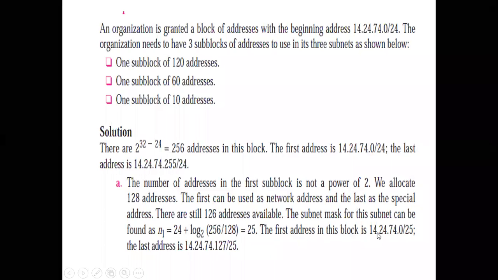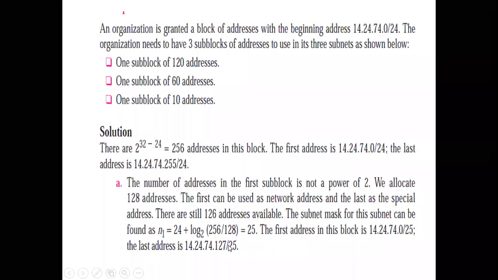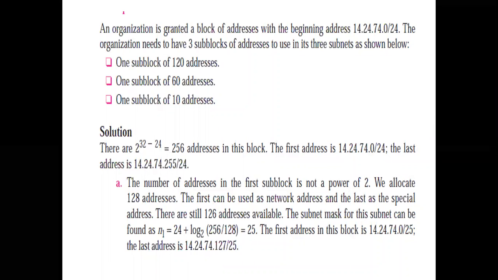So that's why you can observe, 14.24.74.0/25 will be the first IP address of your first part, and then plus 128 you're supposed to do. So that's why you look at 0 to 127. These many addresses will be there. 0 to 127 means these many 128 host addresses will be there for the first block.